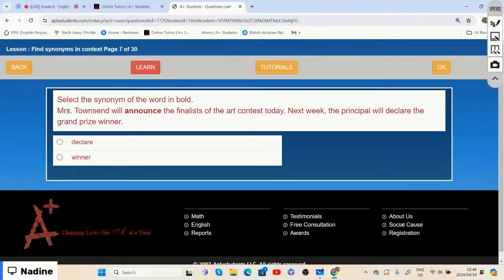So announce, is it to declare or to win? The word that is the same as announcing, making an announcement, we can say it is declare.